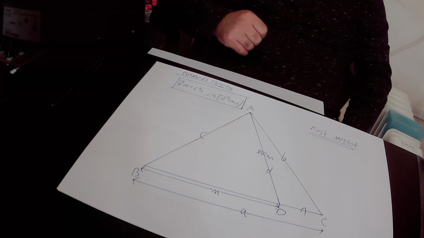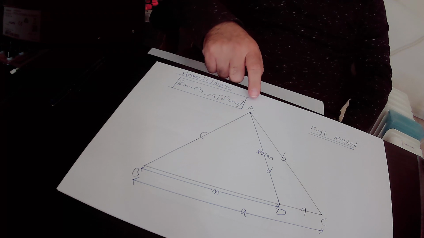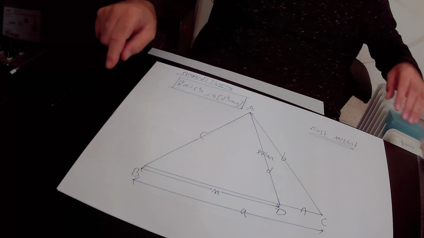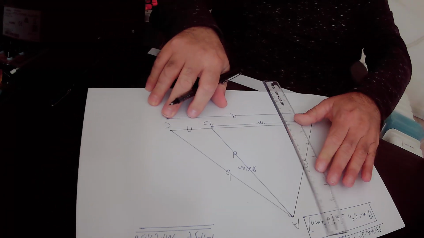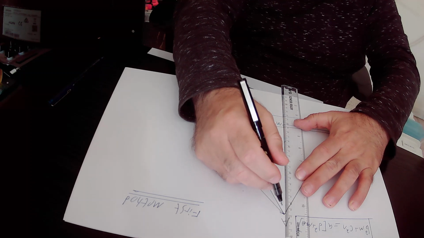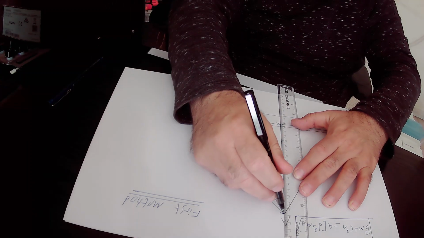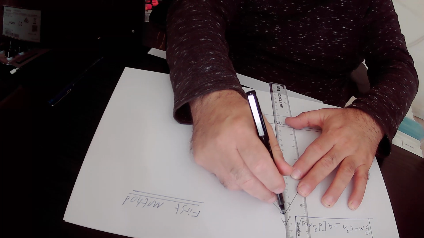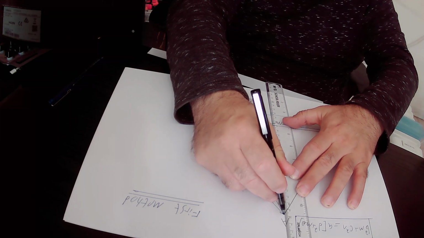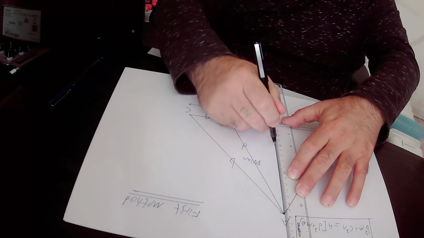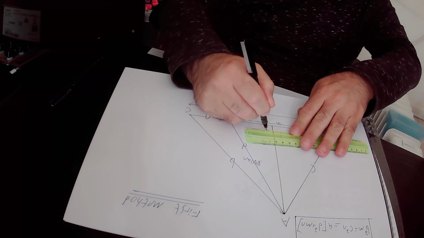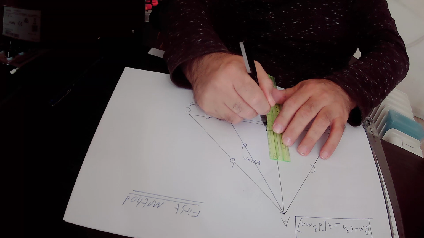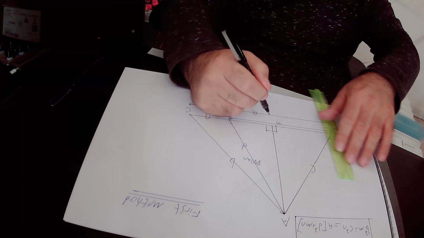And in the first method, we do a construction, that is to say, from the vertex A of triangle ABC, we go perpendicular on BC. So this angle equals 90 degrees, and this angle equals 90 degrees according to our construction.